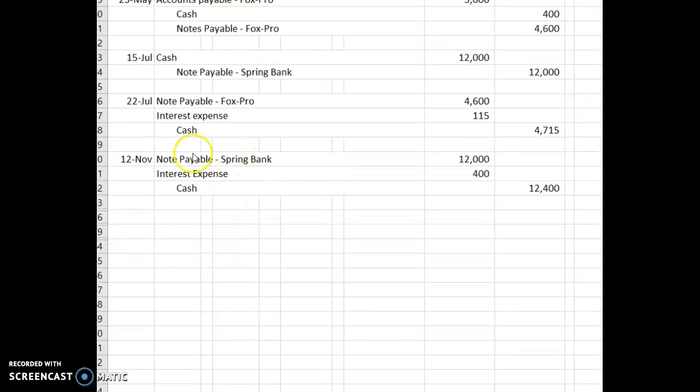In your journal entry, you should debit note payable Spring Bank $12,000, debit interest expense $400, credit cash $12,400.